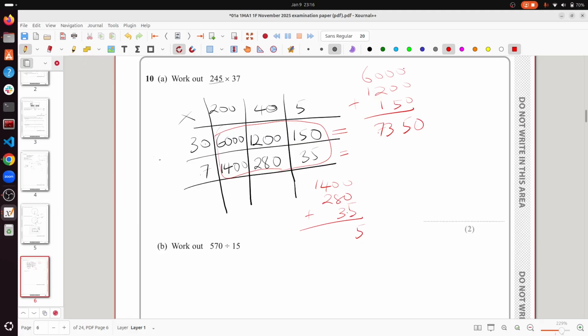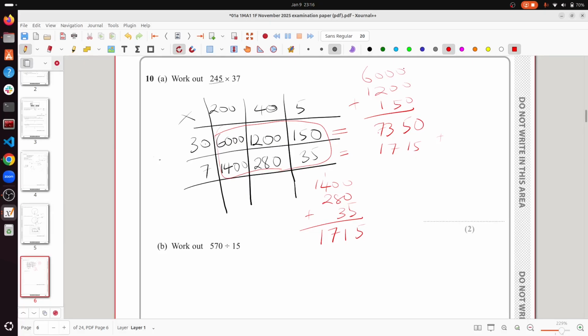And that gives me 5. 8 plus 3, that's 11. Take 1 up there. 1 plus 4 is 5, plus 2 is 7, and 1. So all of that gives me 1,715. So I need to add them now together to get my total answer.